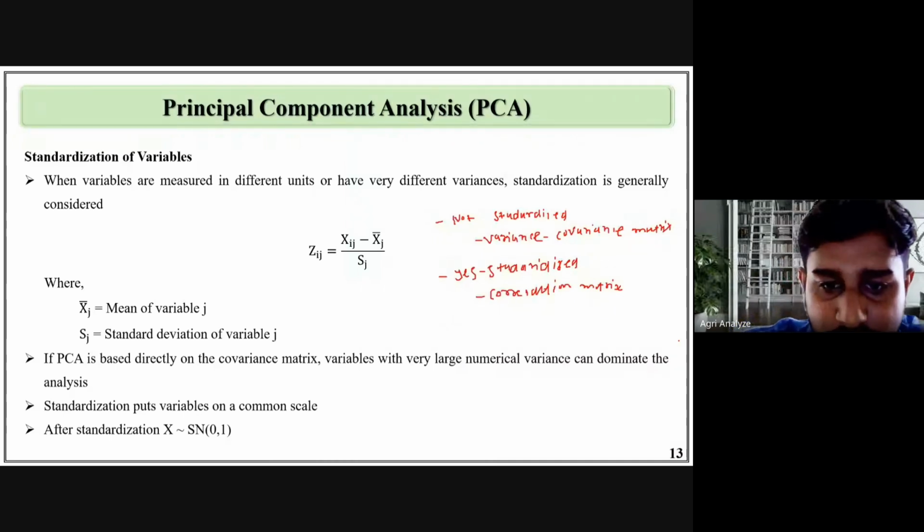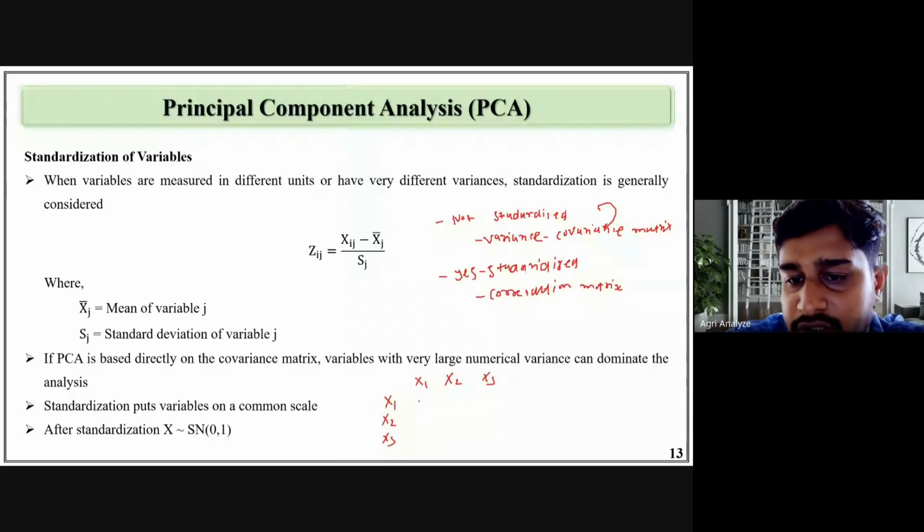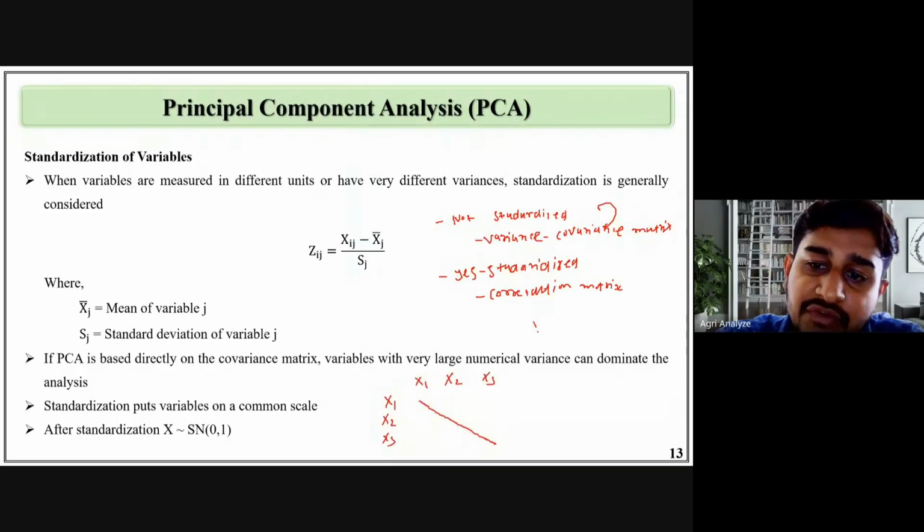Why? Because if we have x1, x2, and x3, here we know that the diagonal element shows the variance of our original variable. After standardizing our data, the variance is 1.